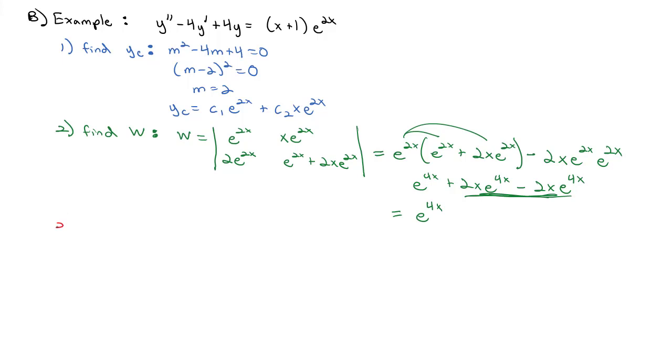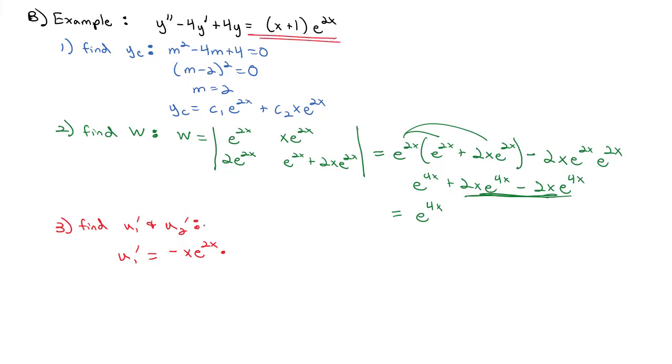All right, now that I know my Wronskian, we can find u1 prime and u2 prime using those formulas we had in number 3 up above. That tells me that u1 prime is equal to negative y2, which is x e to the 2x, times the function.